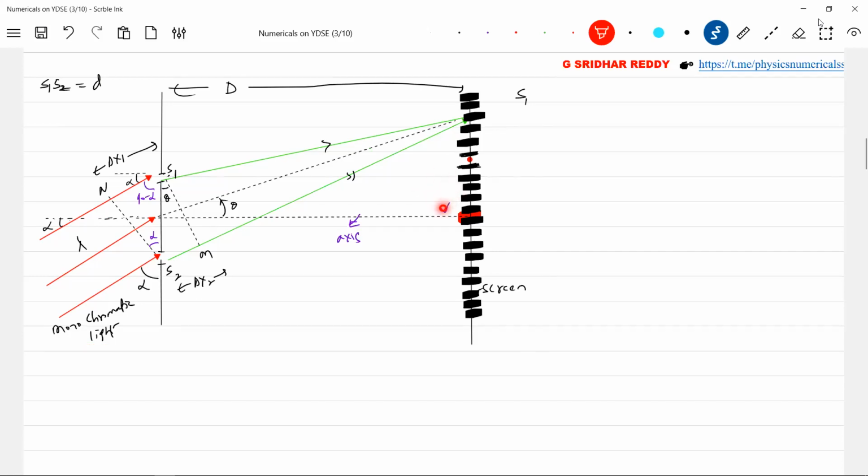Where should I place the slab? Yes, definitely the slab I have to place at the lower slit. Let me adjust some. This is mu, thickness T. This is the slit S2. This is as usual delta x2.